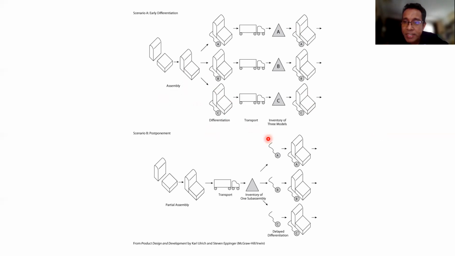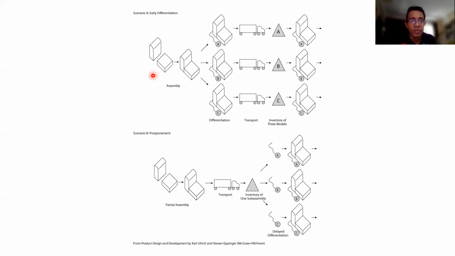So assume these three basic activities in the supply chain, and they differ for each scenario.